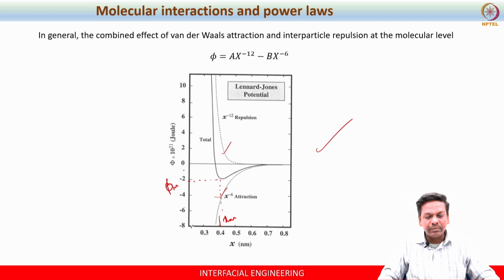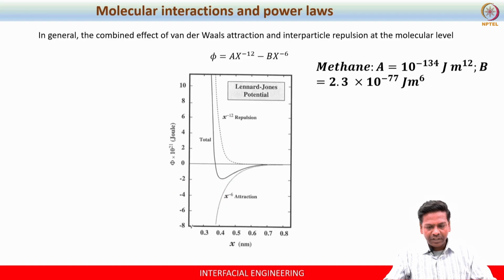So this is the minimum potential and minimum coordinate. Here we will do some exercise so that we will be able to understand the interactive energy, and you will be able to relate quite well.